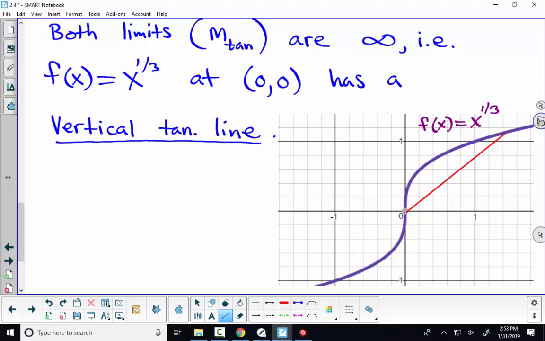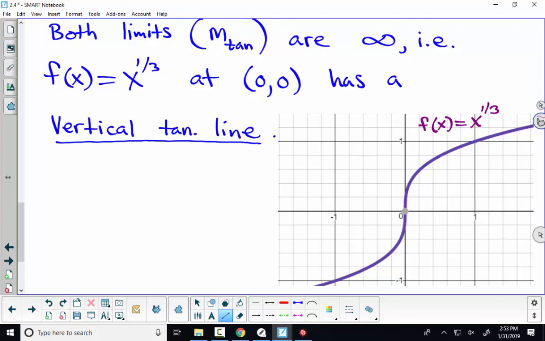And then I said, what happens if I allow this point, in part B, we computed what happens if I allow this point to approach this point. And so then we started computing those and saw that this slope became infinitely large.